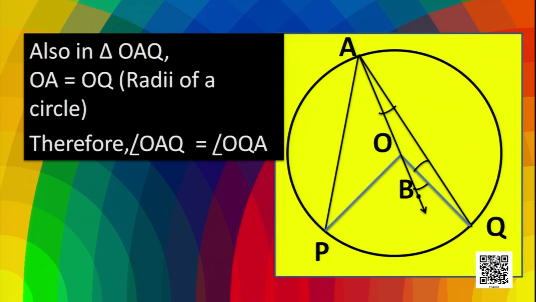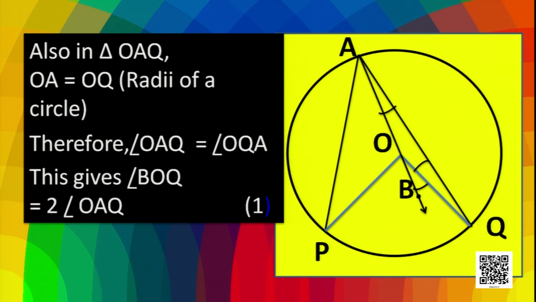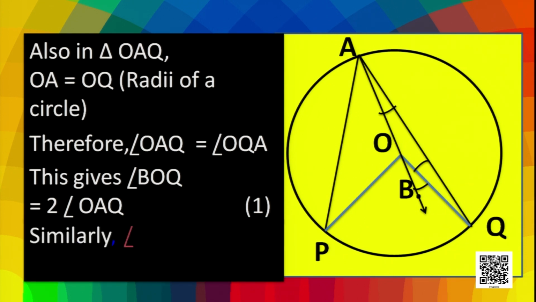Now, if we consider the previous one, we get that angle BOQ is equal to twice the angle OAQ. Let it be equation 1. Now, similarly, we can also prove that angle BOP is twice the angle OAP. This is equation 2.